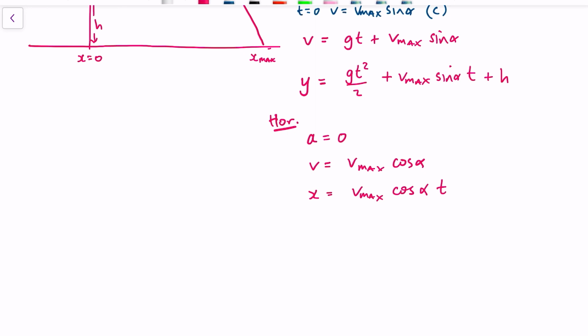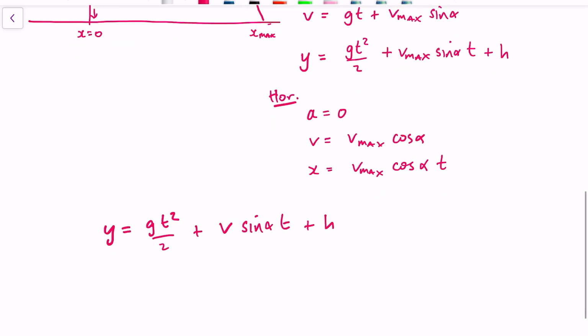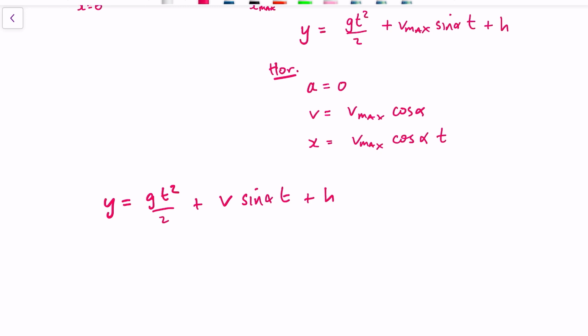So if I take my equation for y, and just rewrite it without the v max, I can make t the subject of the x equation, and that will eliminate the t value. So making t the subject of that gives me t equals x over v cos alpha.